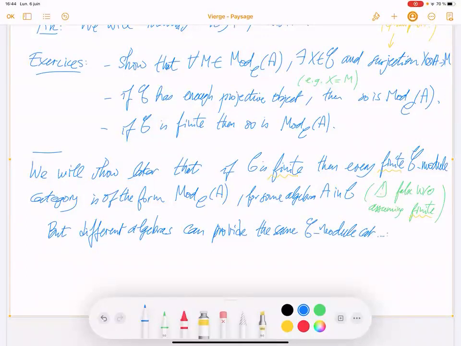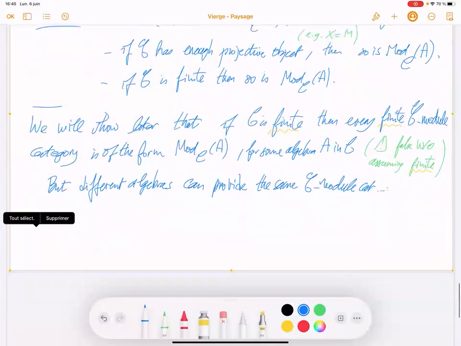So, definition. This leads to the definition of Morita equivalence for algebra objects in a multi-tensor category.